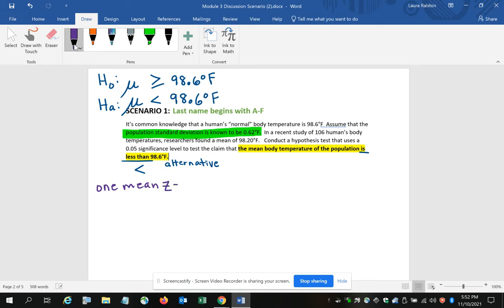One mean z test because I know the population standard deviation.